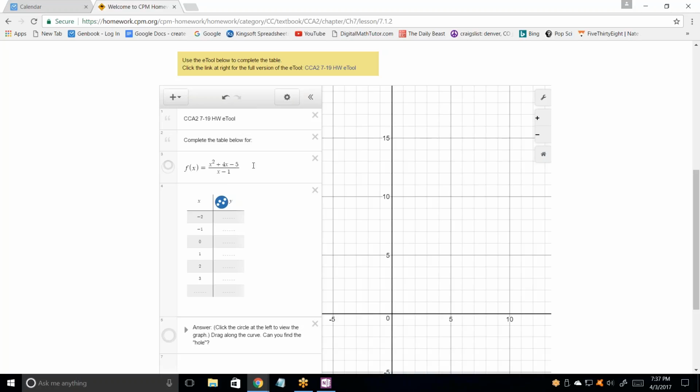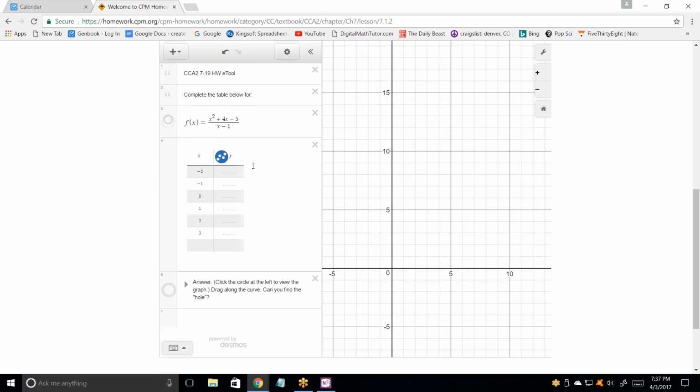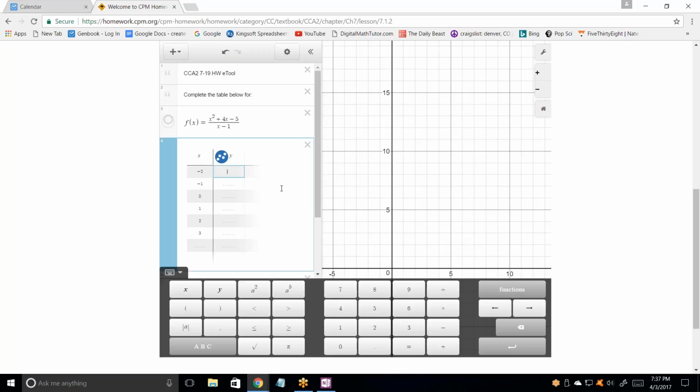Isn't this the same problem? I believe it is. We figured out that x of minus 2 is 3. Does this do any good? I mean, for you, does it do any good for me to figure these out or to indicate what these are?